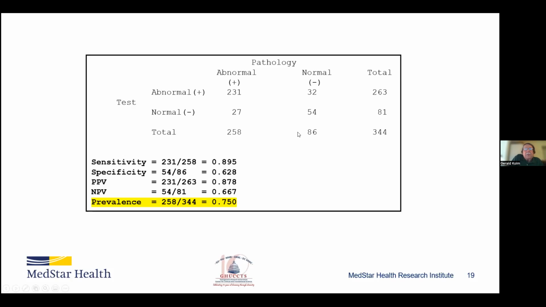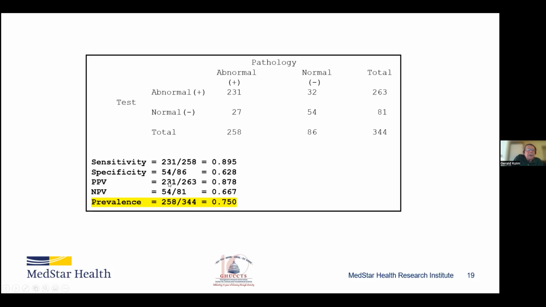And then our negative predictive value is the number of true negatives divided by the number that test normal, have a negative test. So that's 54 divided by 81, and our negative predictive value is about 0.67.